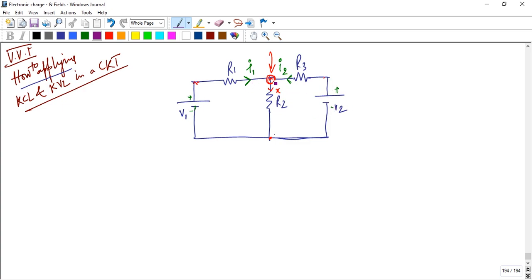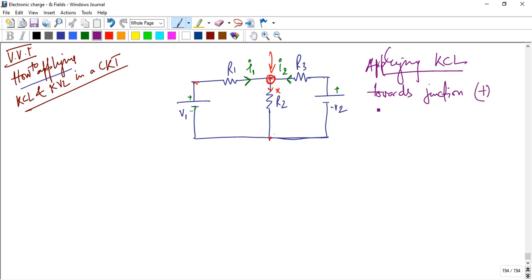So the basic concept of applying KCL: current flowing towards the junction is taken with a plus, and away from the junction with a minus. So here towards the junction, I1 with a plus, I2 with a plus, and away with a minus.